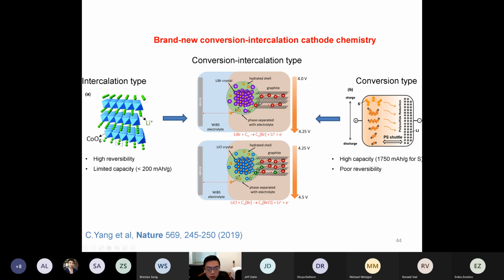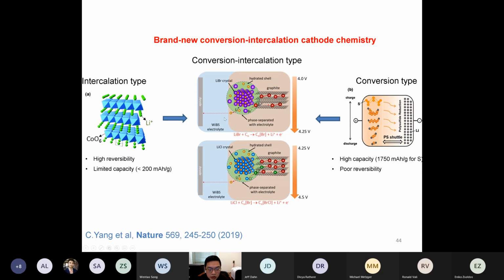So we tried that, designed the whole system using the water electrolyte, and it turned out to work very well. The whole process is that we design the ratio between the lithium bromide and lithium chloride salt and the graphite, mix them, and make them into a cathode material.